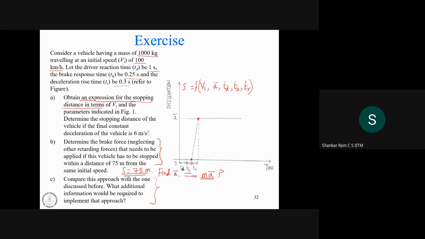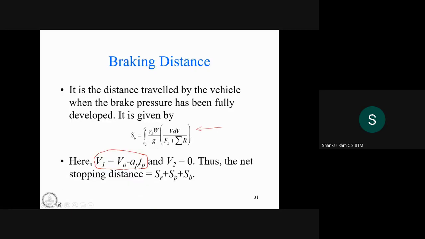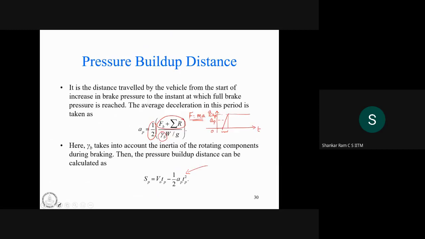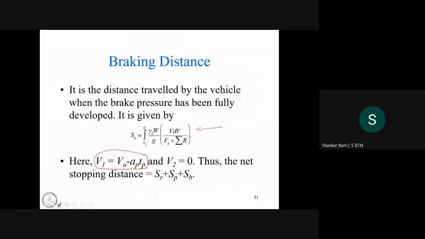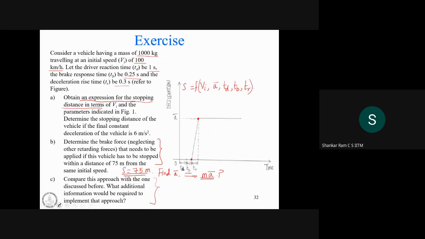Would you not have? Then once you have done this, I want you to compare it with the approach that we just discussed. What was the approach that we just discussed? What was there in these 3 slides? That is the reaction time, pressure buildup, and braking. So you compare it with whatever we have discussed on a qualitative level, not quantitative level.